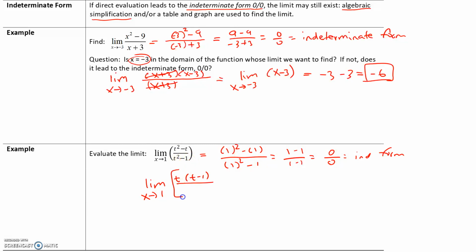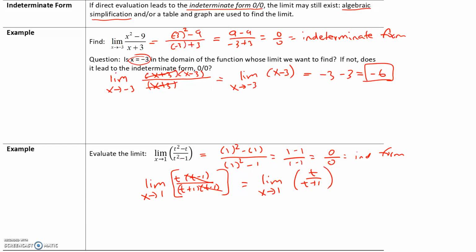And then t squared minus 1, that's a difference of squares, so that's going to be t plus 1 times t minus 1. So in the numerator, I factored out a t. The denominator is a difference of squares, so it's t plus 1 times t minus 1. The t minus 1s divide to be 1, so we cancel them. So this equals the limit as x approaches 1 of t over t plus 1.